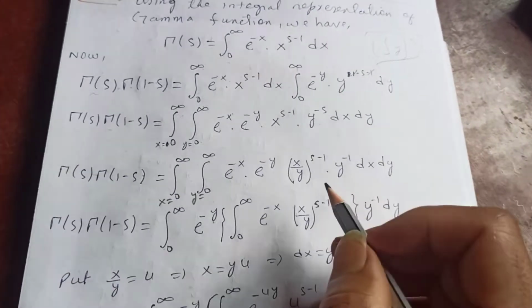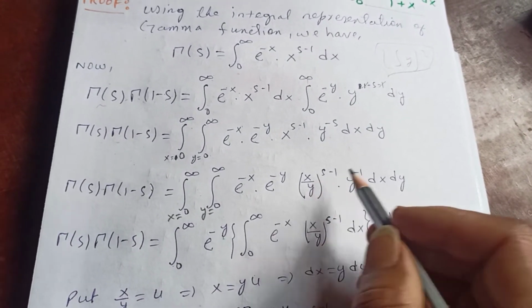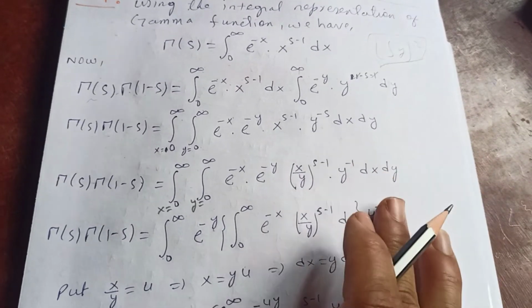So that is x by y to the s minus 1, y inverse, dx dy.